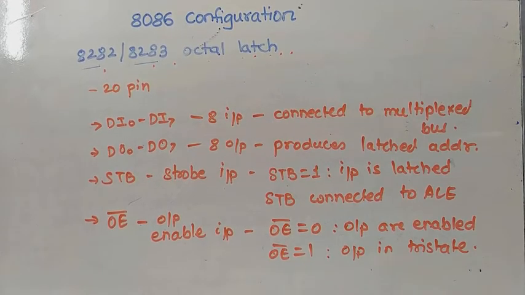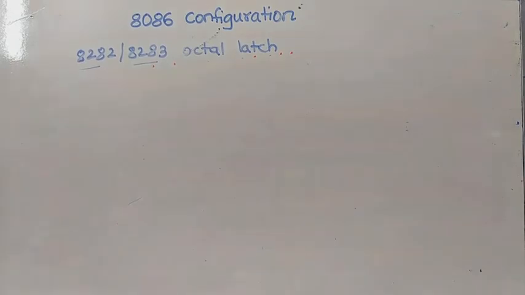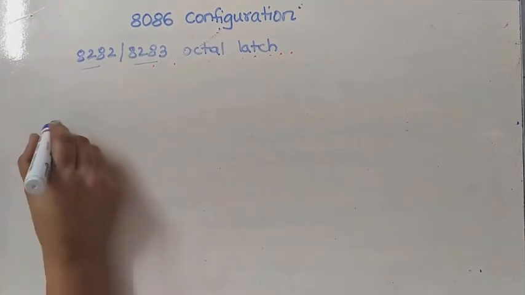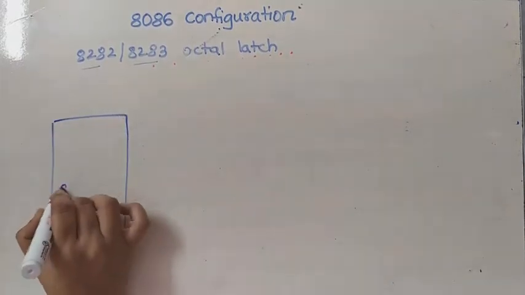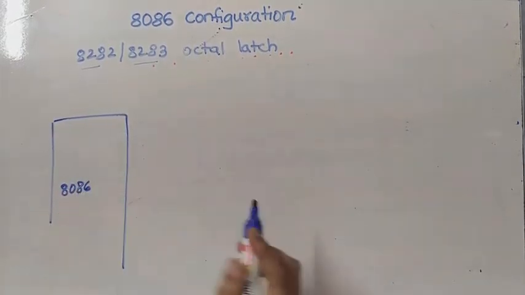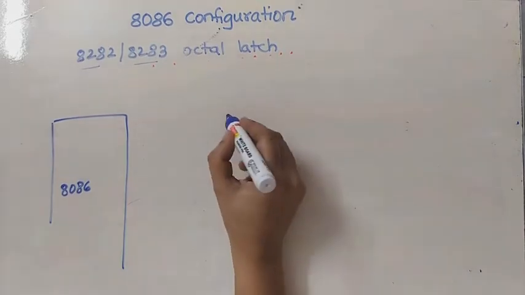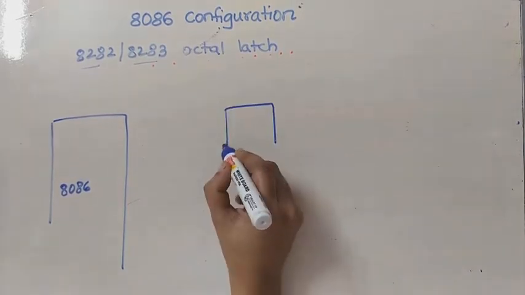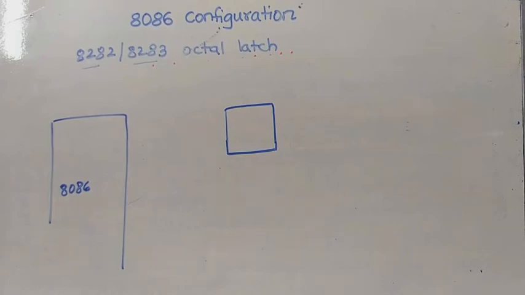Now we'll see the interfacing of 8282 latch with 8086. So here we are having our 8086. Then we need 3 octal latches.